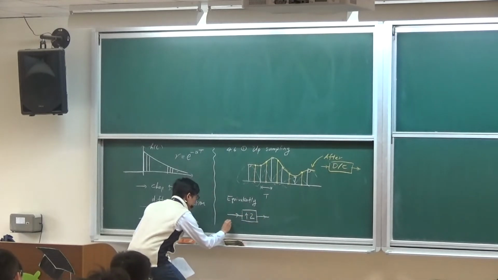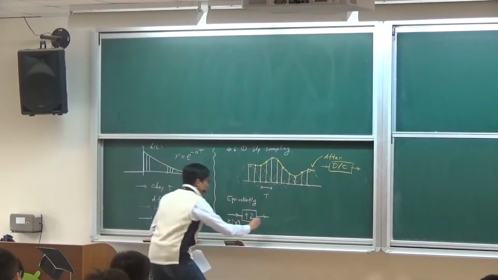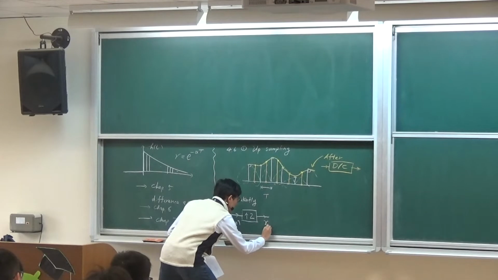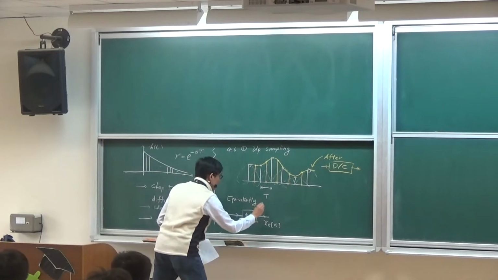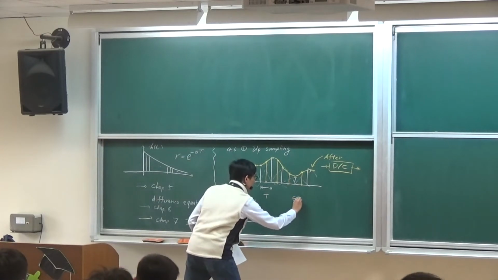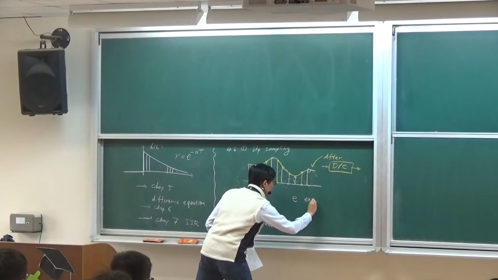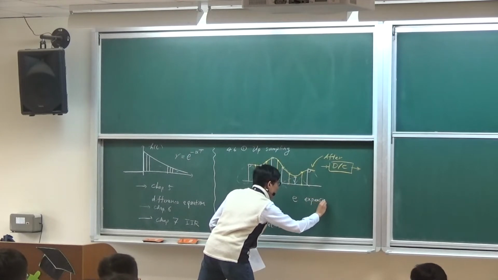First, suppose that the input is x of n. And we will expand it, and let's denote the result as x sub e of n, where E stands for expansion. 把它扩张开来, expansion.